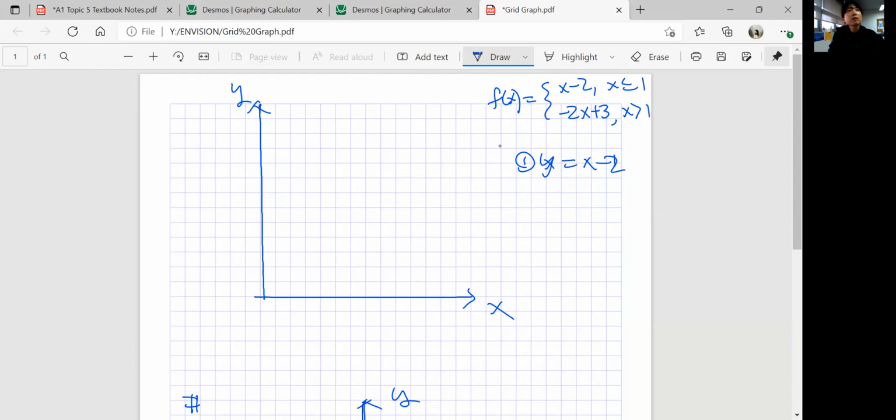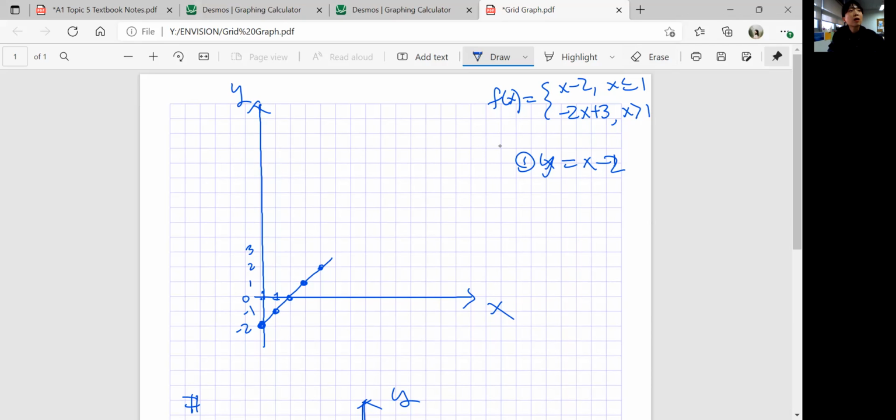Start from negative 2 here, and then you have a slope of 1. So it increases by 1. That's negative 2, negative 1, 0, 1, 2, 3, and so on. Okay, and you go there until x is less than or equal to 1. X is 1 is right here.